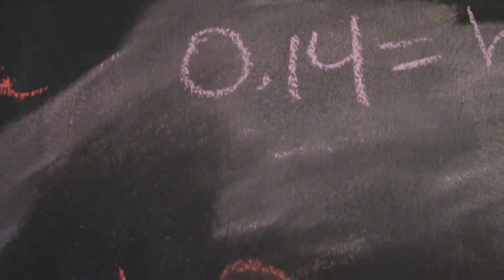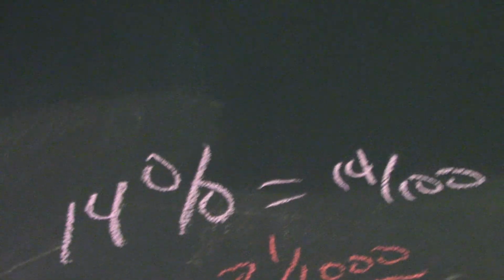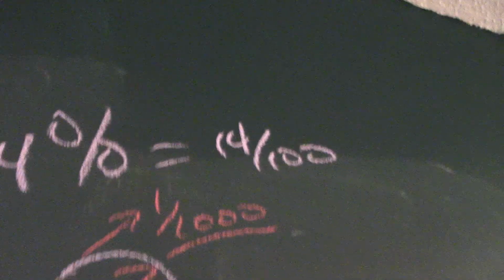It's asking me to solve for the frequency of the abnormal allele. So solve for Q. So Q squared equals 0.14. And I turn that percentage, right? 14%, right, actually means 14 divided by 100. Right, so I changed that into a decimal.